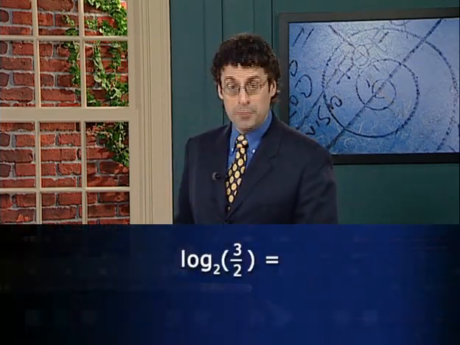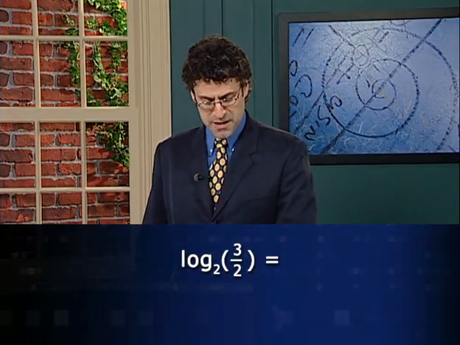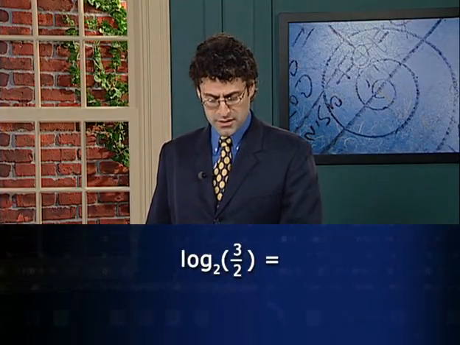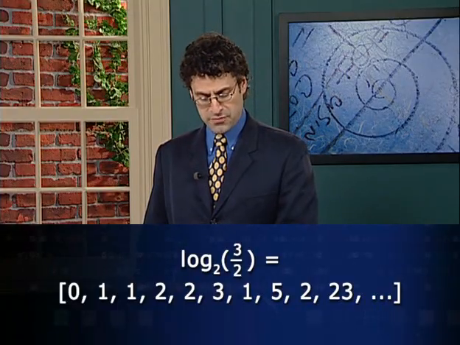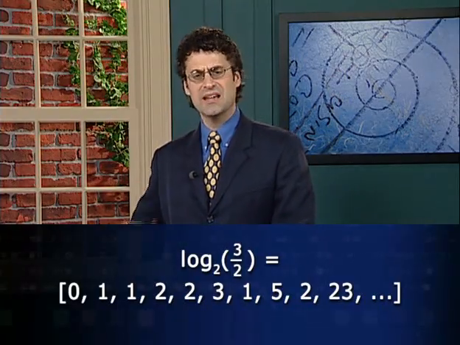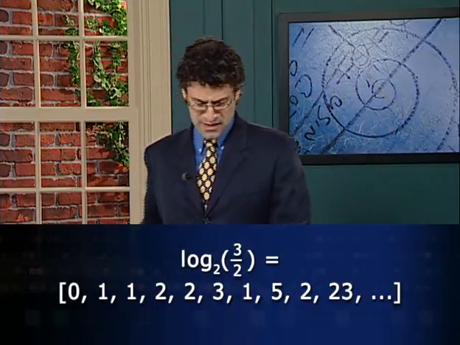And the first few partial quotients of log base 2 of 3/2 are 0, 1, 1, 2, 2, 3, 1, 5, 2, 23, and so on. Of course, there doesn't seem to be any particular pattern here. Well, we can now find the best rational approximations by merely truncating this expansion.